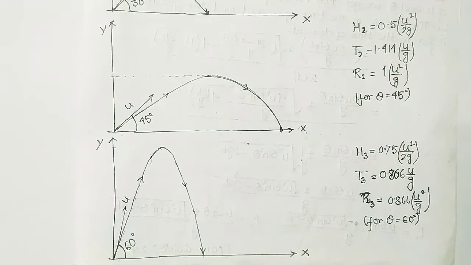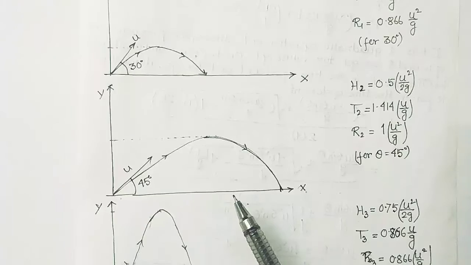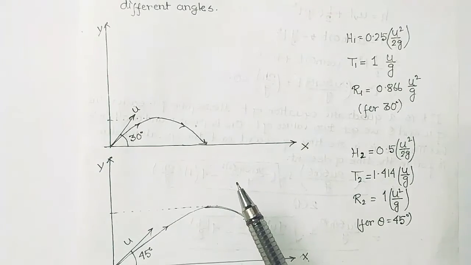At that time the time of flight is maximum and the Ux is in the midway between 30 degree and 60 degree somewhere. That's why we can say the range is maximum, and this is also evident from this plotting: 60 degree, 45 degree, 30 degree.